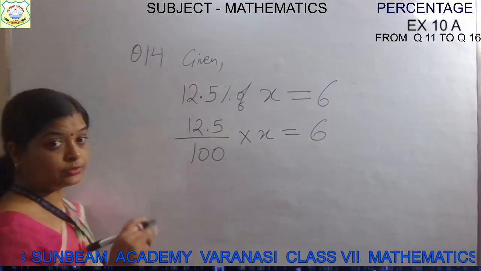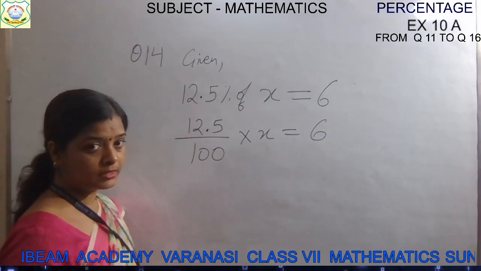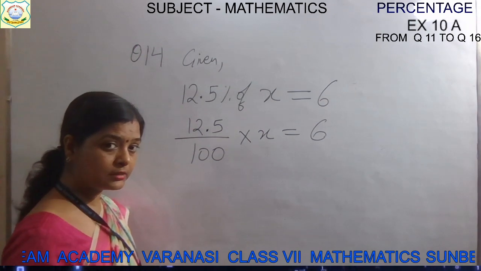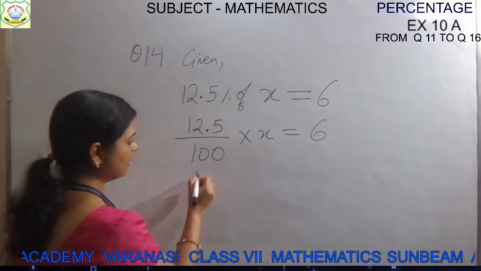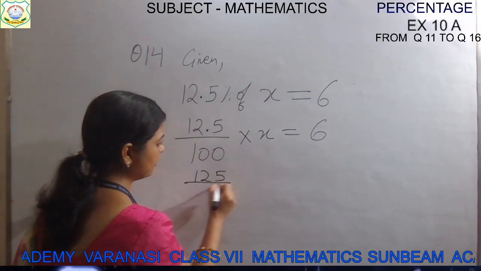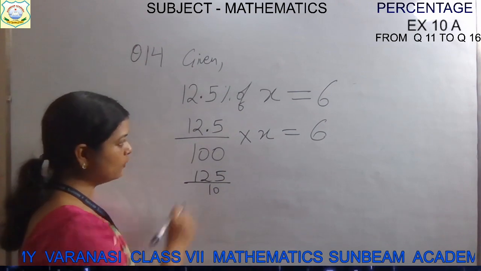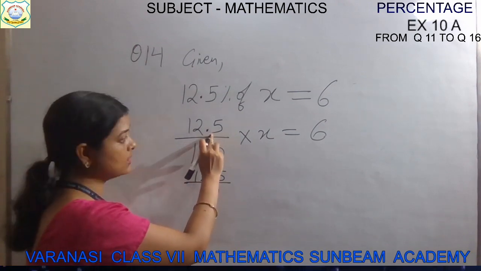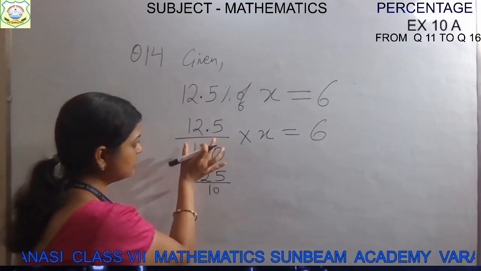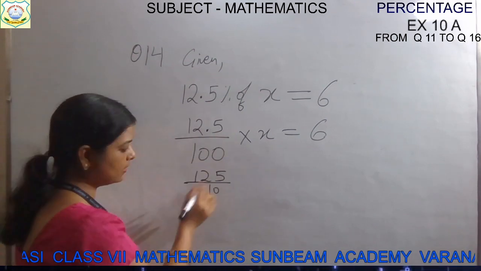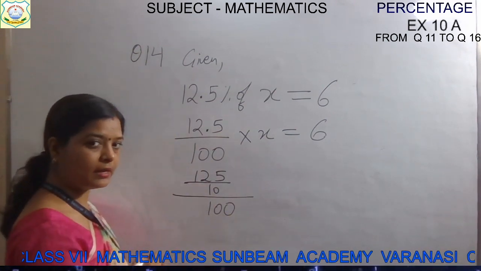Now, 12.5, can we further simplify it? Yes, having one decimal, 12.5 can be written as 125 by 10, because there is only one decimal place. Divided by 100 is already there.